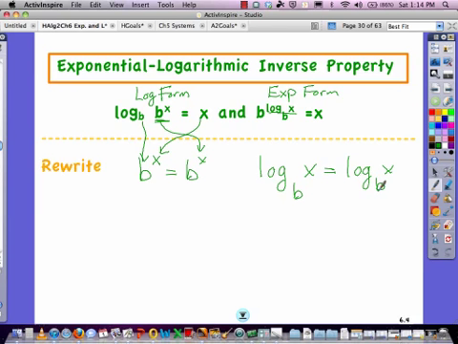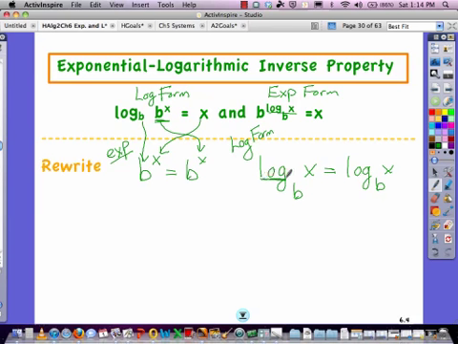So let me again show you with arrows where the things came from. So if I took log form and turned it to exponential, which is what I just did here, and now I'm taking exponential and turning it into log form here, watch where my values went to. Same positions we've been using all along. So in log, you always start with log, so I started with log.